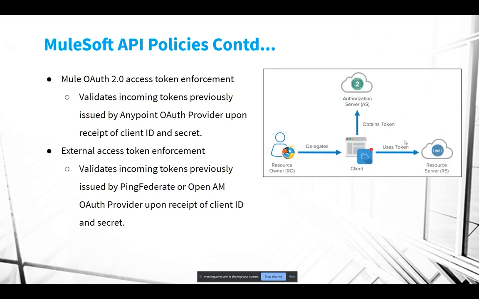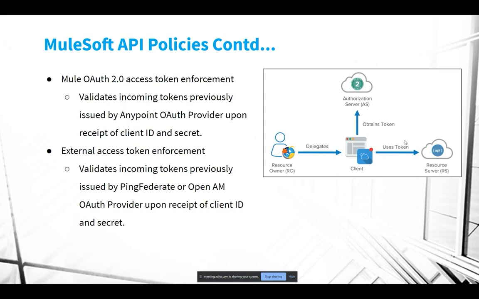Now we talk about the Mule access token enforcement. We discussed it earlier as well, when we discussed the token, the user gives their client ID and client secret, and they will get an access token based on that authentication code. Based on that authentication, they will generate the token and refresh token, and once they get the token, they can use it to authenticate or authorize themselves to access any service.